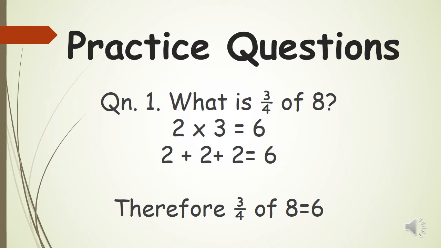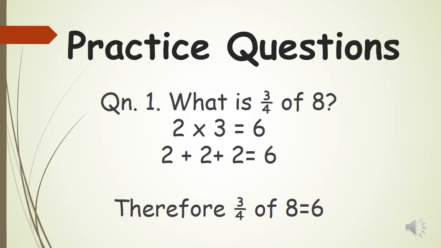So from our grouping strategy, we notice that when we share 8 into 4 equal parts, each group will get 2. So if we are supposed to find 3/4 of the number, it means that we have to take the 2 in each group.